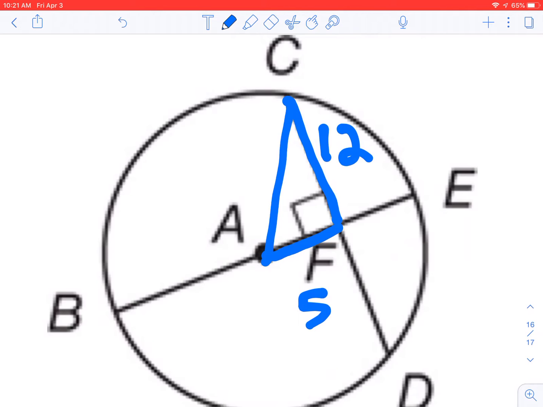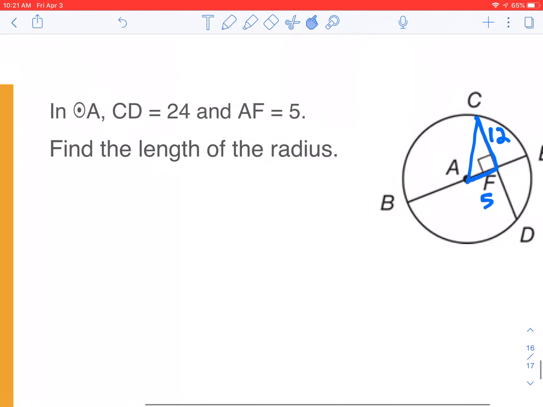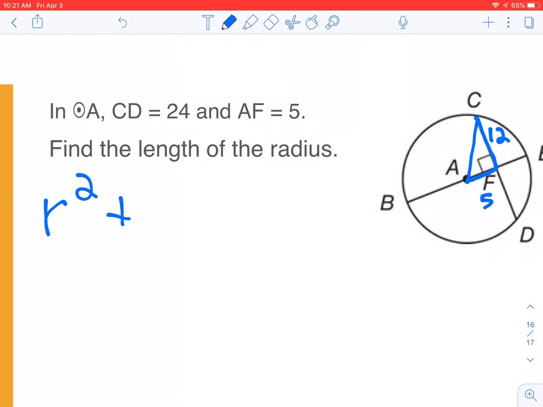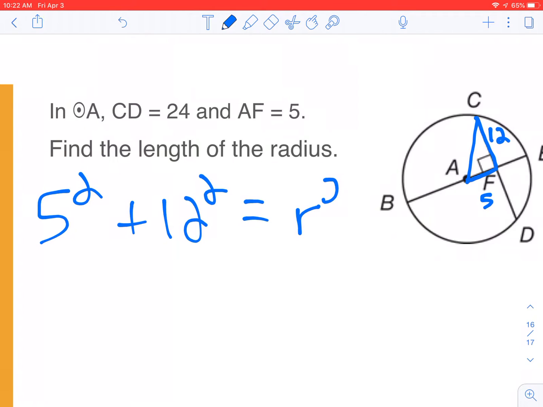If you guys know your Pythagorean triples, this is another Pythagorean triple. We'll call the radius r, just for fun here. Five squared plus 12 squared equals r squared.